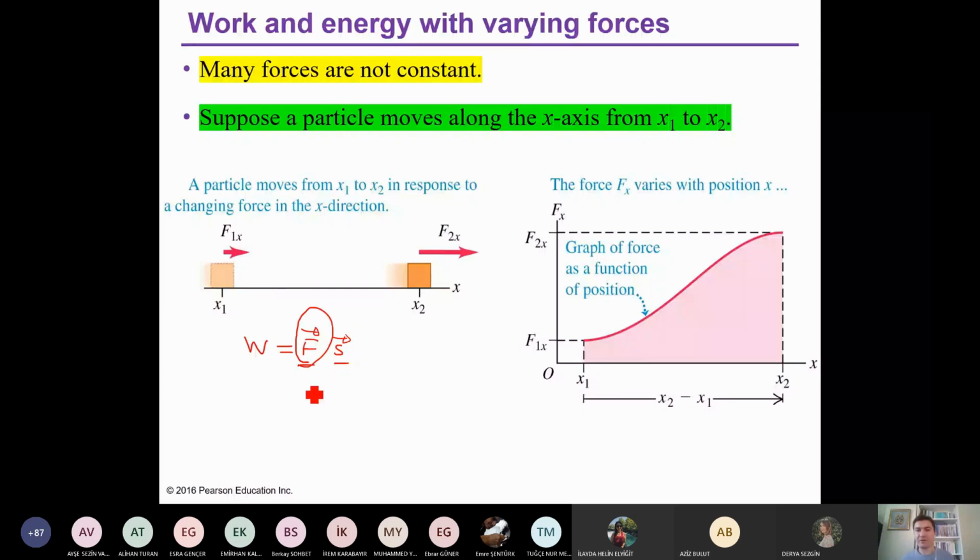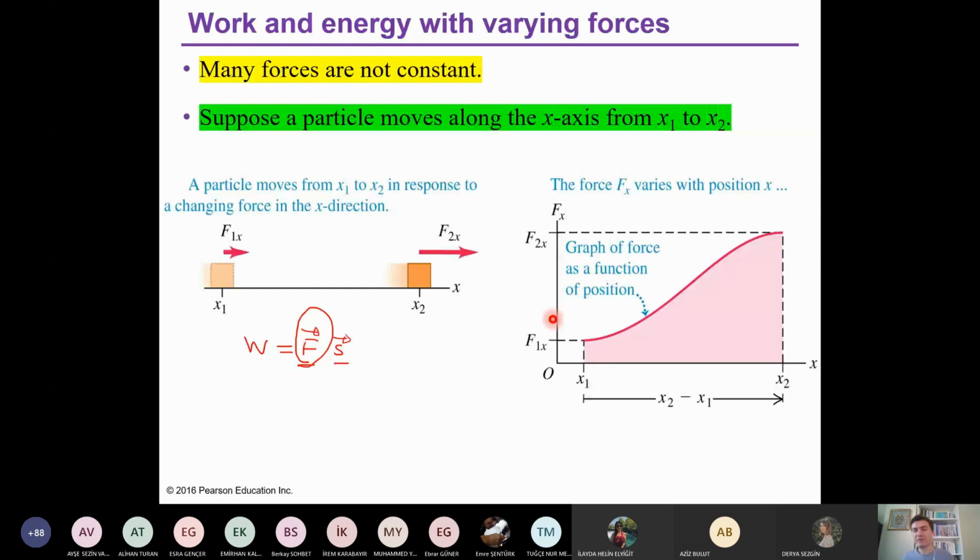So here on the right side, we have a graph. This is the x-axis, this is the origin, and this is the force axis. What do you see here? This is position 1, x1, and when the position is x1, the force applied on the box is F1x.